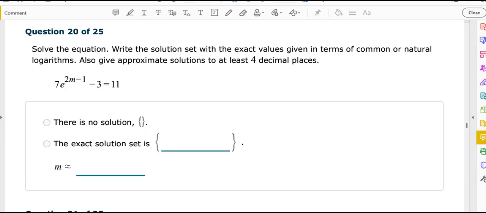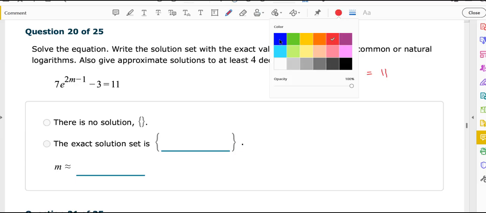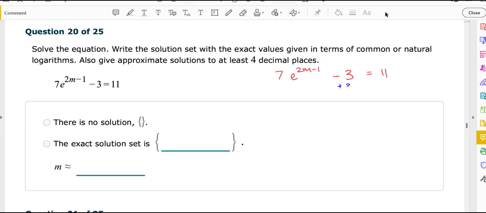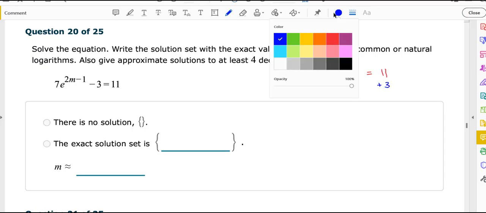First thing I need to do, so 7e to the 2m minus 1 minus 3 equals 11. I need to add 3 to both sides. I end up with 7e to the 2m minus 1 equals 14.